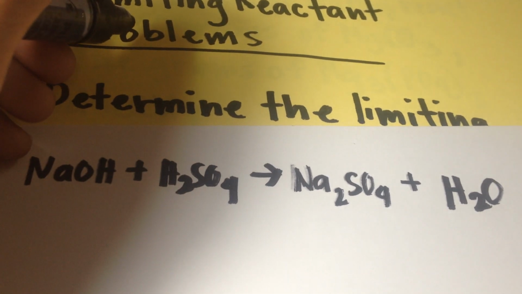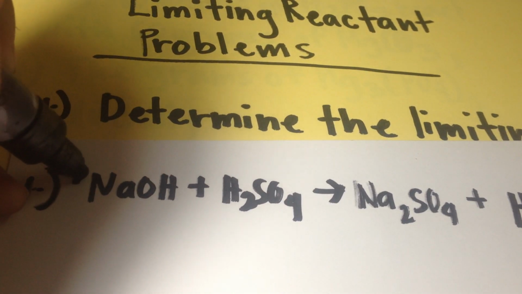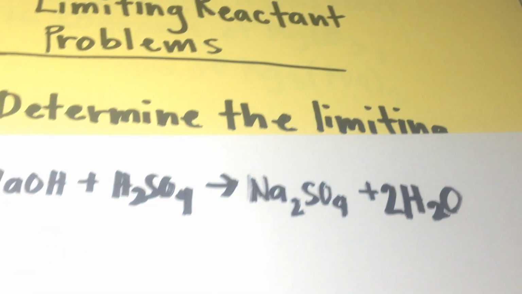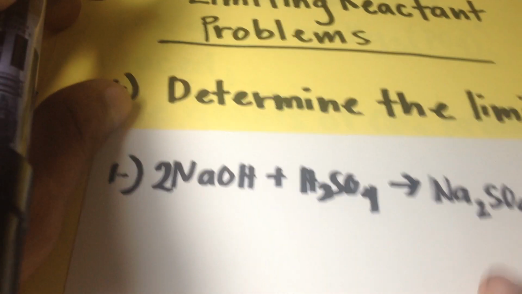So, you write the balanced equation. You write 2 here and then 2 here. So, it's perfectly balanced.